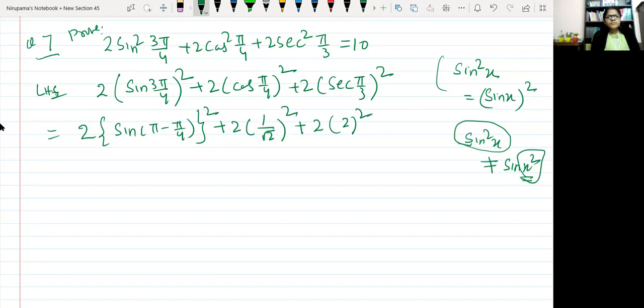So here you have sin(pi minus theta), which is sin theta. So it is sin pi/4, which means (1 by root 2) square, 1 by 2. Plus 2 into 1 by 2, plus 2 into 4. You are getting 1 plus 1 plus 8, 10.